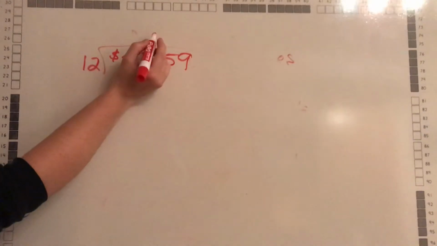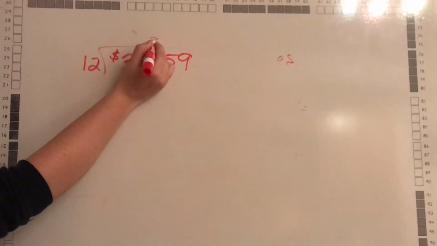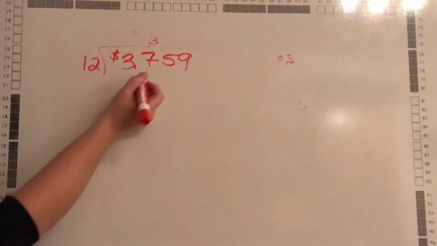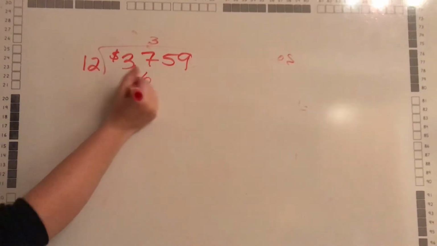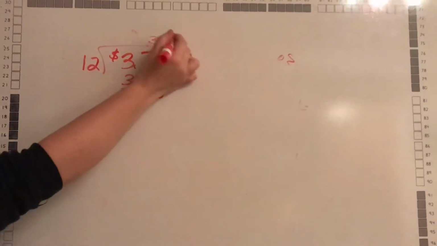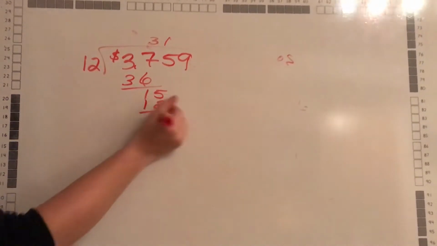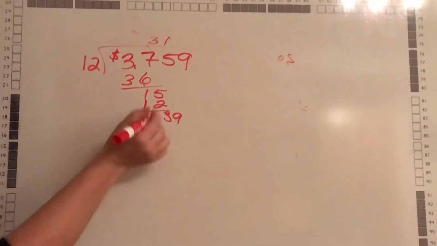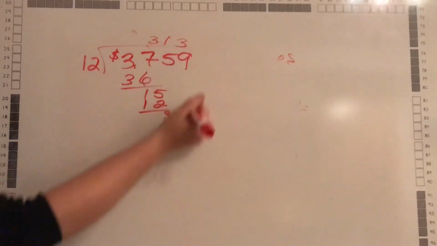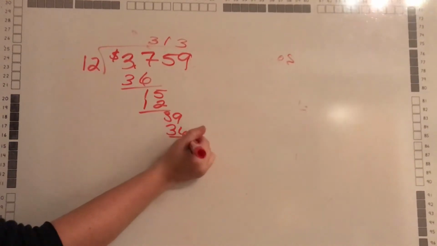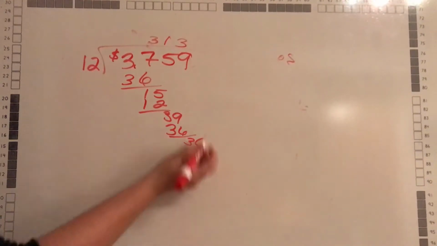So 12 goes into 37 3 times. It's 36, then we have 1, bring down the 5, and 12 goes into 15 once, and then 39, again that's going to be 3 times, which is 36, which leaves us with a 3 and a 0.